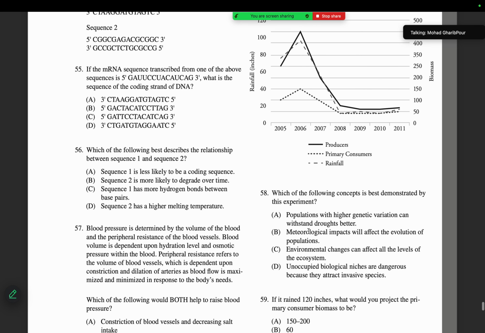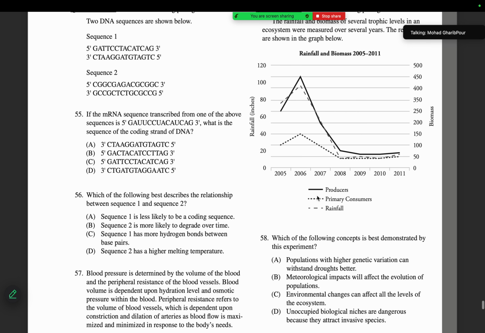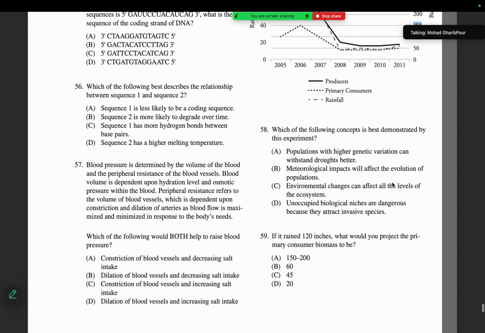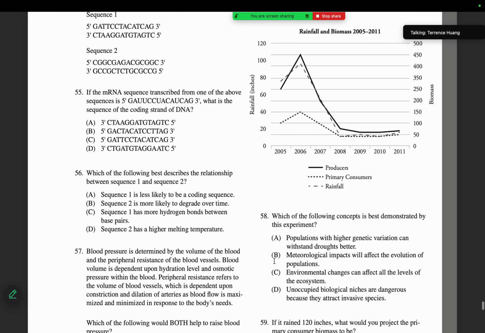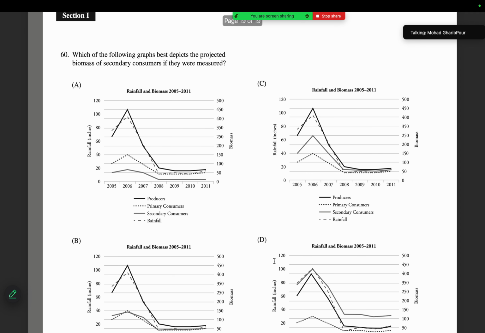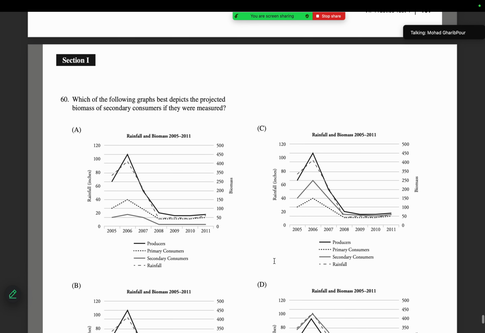So primary consumers would increase, the biomass would increase above 150. Okay, so it's none of these answers. It should be A. Does that make sense? Yeah.